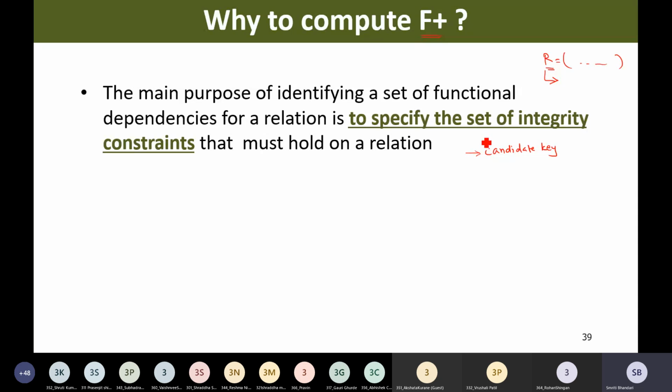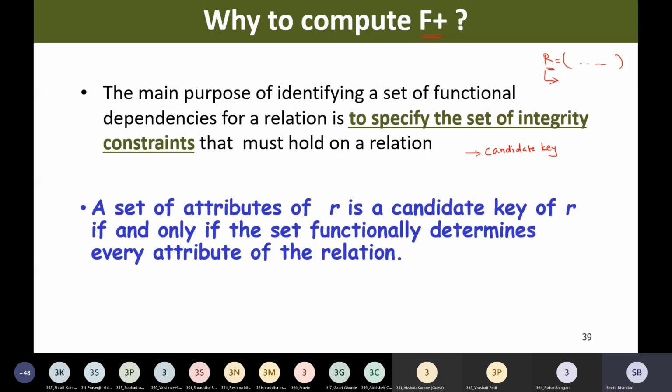F plus will help us come up with the candidate keys for relation R, and one of the candidate keys we are going to pick as the primary key for the relation.